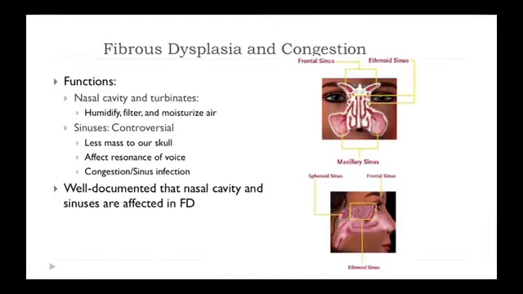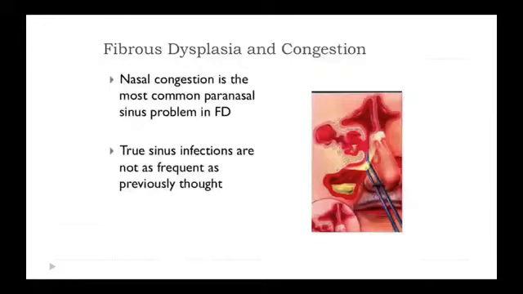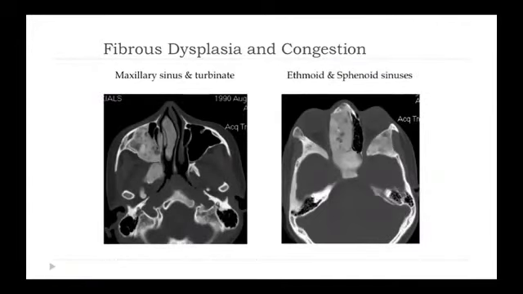We do know that the nasal cavity and the sinuses are often involved in FD, and as you saw here and earlier, the maxillary sinus, which is a normal maxillary sinus, aerated and black, but a sinus that's involved with fibrous dysplasia can cause some congestion, and patients will complain that they feel stuffiness in their nose. The far right CT demonstrates the ethmoid sinus air cells, which are now completely blocked by white bone, and that's fibrous dysplasia.